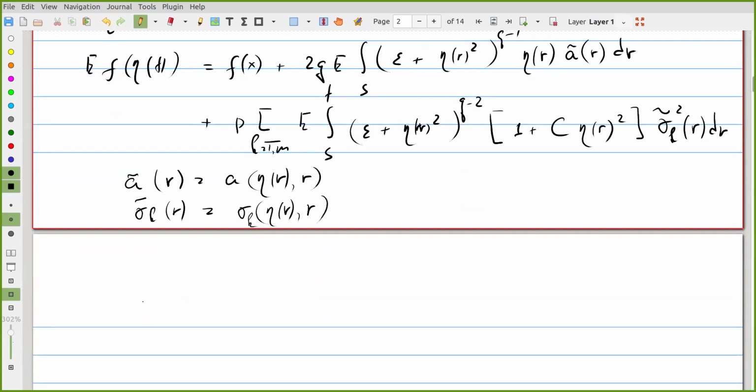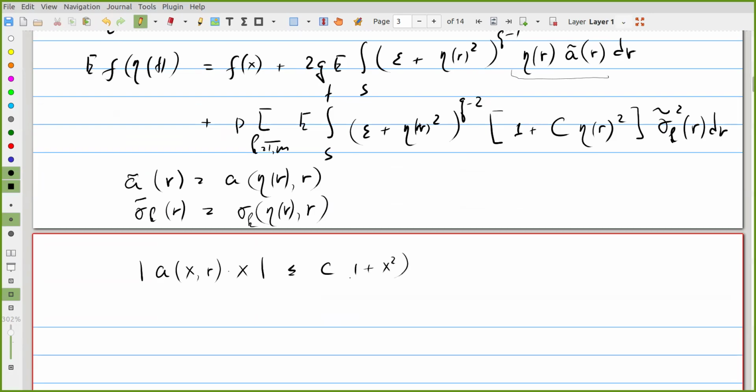Now here, in this part, for instance, a of x r is less than, by the standard assumption A2, which gives us a control of this growth.